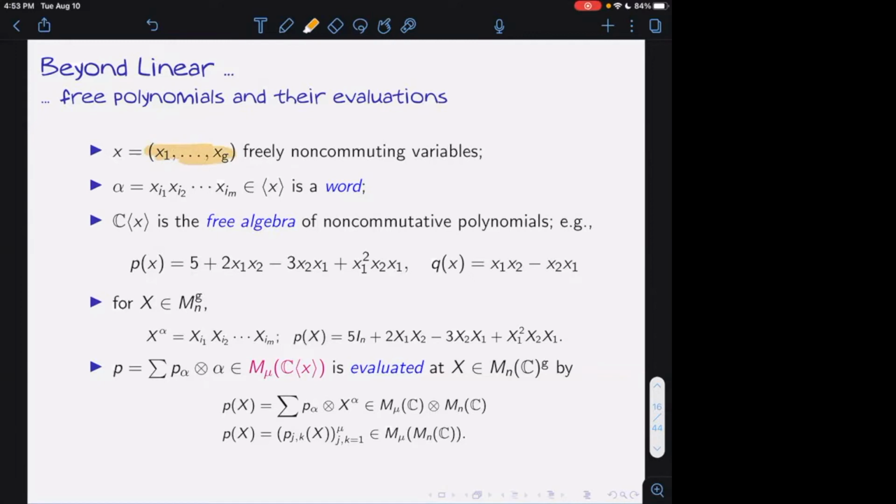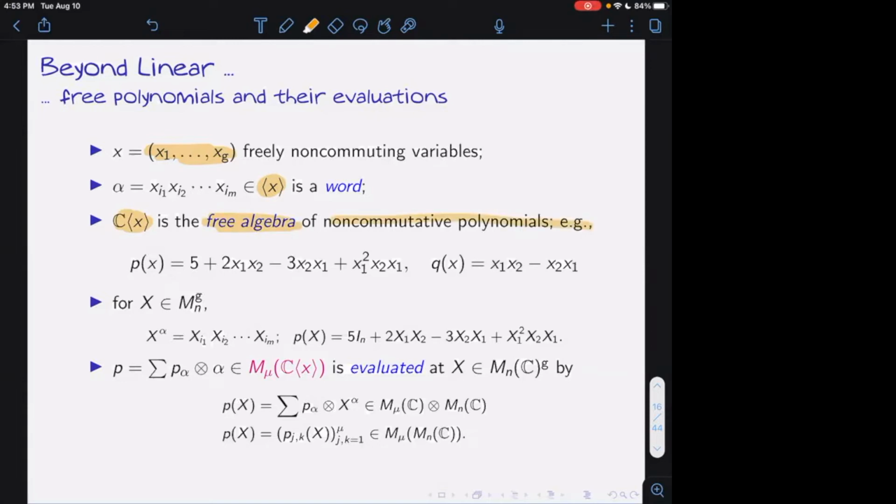But now we want to think of them as non-commuting variables, freely non-commuting, no relations amongst them. And then we have the words in those letters x, sort of the natural things. And then if we look at finite C-linear combinations of words, that's often called the free algebra, the algebra of non-commutative or free polynomials.